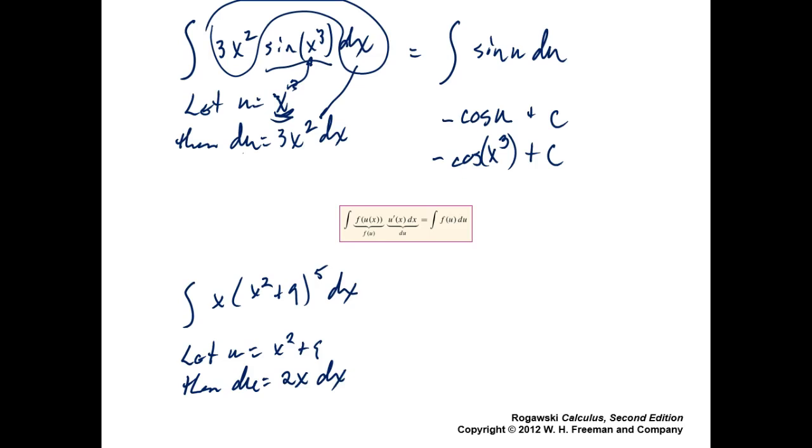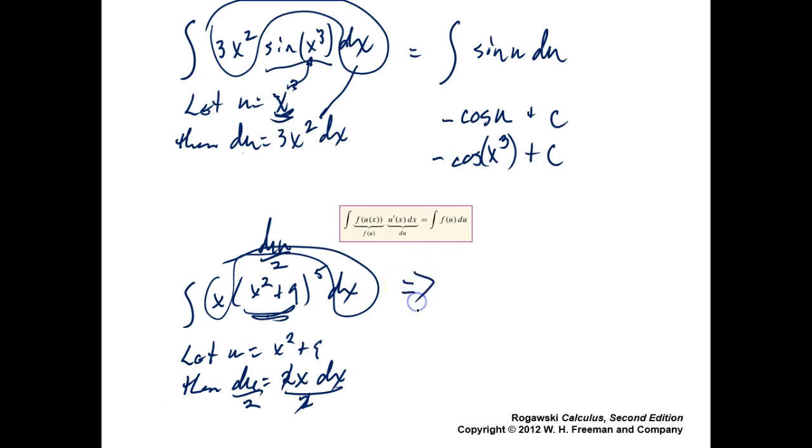But we don't have a 2x dx, do we? We have an x dx, right? Right here. This doesn't have a 2x. So what I have to do is divide both sides by 2. And now I have an x dx. So du over 2 is equal to x dx. So this part right here is now my du over 2, and this part right here is u to the 5th power, right? You see that? Okay.